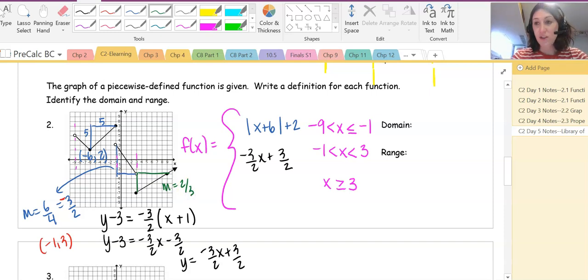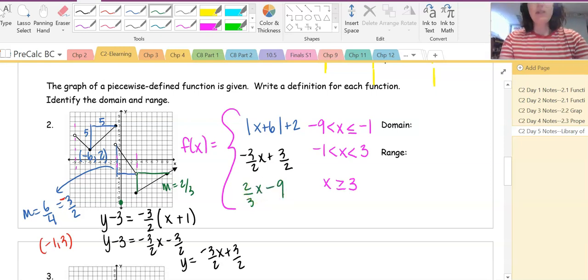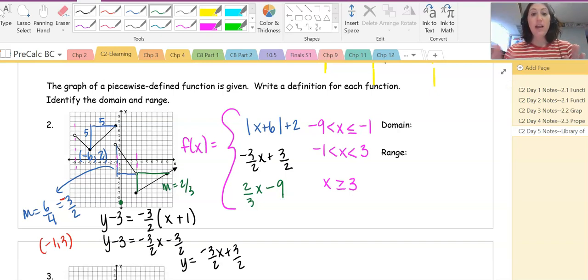And this one you actually get lucky, because if you go down 2 over 3, you can actually use that slope of 2/3 to find where the y-intercept would be. So it would just be 2/3 x minus 9. Now again, that minus 9 isn't actually graphed. It's not in the region that we care about. But that is the graph of the whole line, and we are just graphing it where x is greater than or equal to 3.